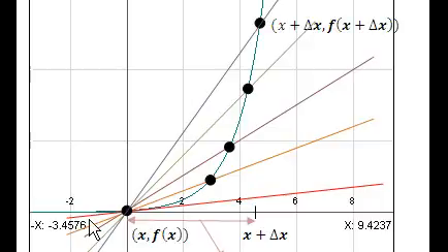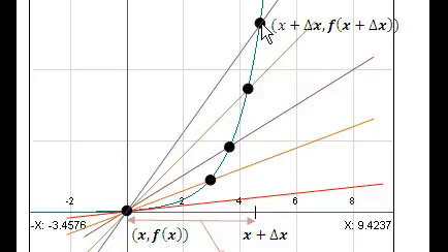Okay, so this green line here is the graph of our function, and we have a bunch of straight lines here, and I'll explain that. We have two important points on the graph, x and f of x. I've centered that at the origin, but more generally it's x, f of x.